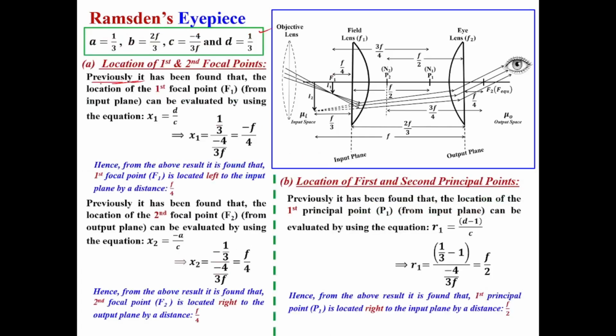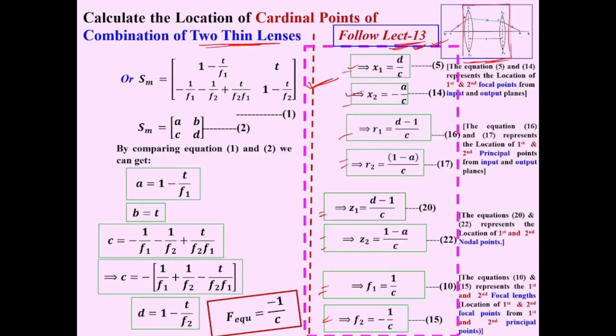Previously it has been found that the location of the first focal point f1 from the input plane can be evaluated by using the equation x1 equal to d by c. Here x1 is the location of the first focal point from the input plane.